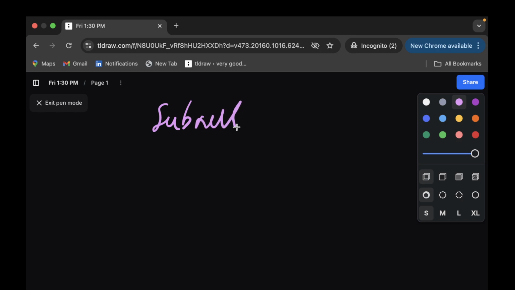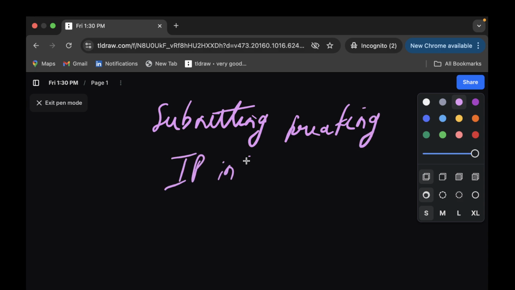Subnetting is basically breaking the IP address into smaller manageable chunks. So breaking IP into smaller chunks.